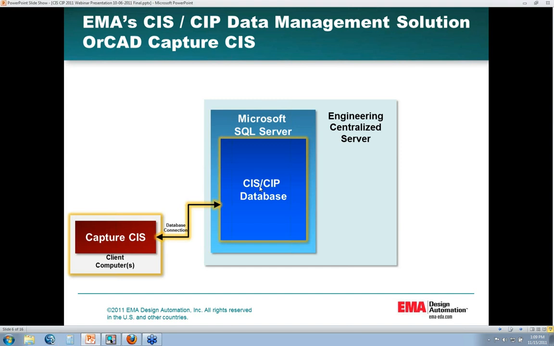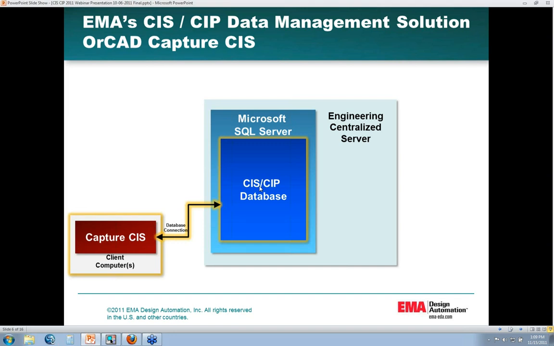It allows the benefit of a unified, compact library. It also ensures part selection from a centralized library that promotes sharing and reuse of part information, and it eliminates duplication in separate part libraries. With Capture CIS, you get something called the CIS Explorer, which allows part research and selection of preferred parts.